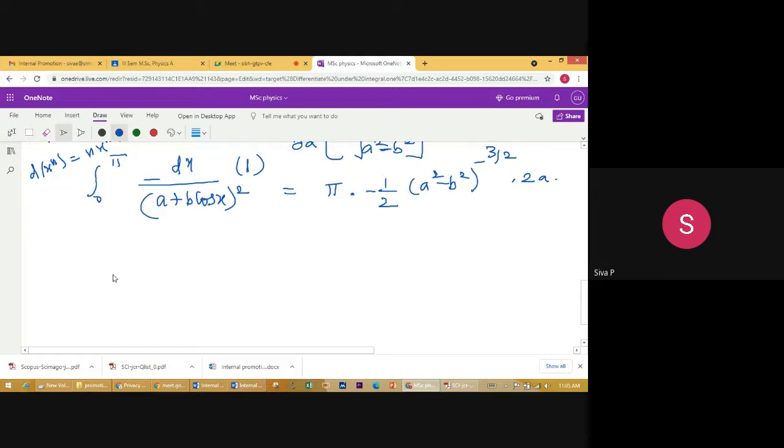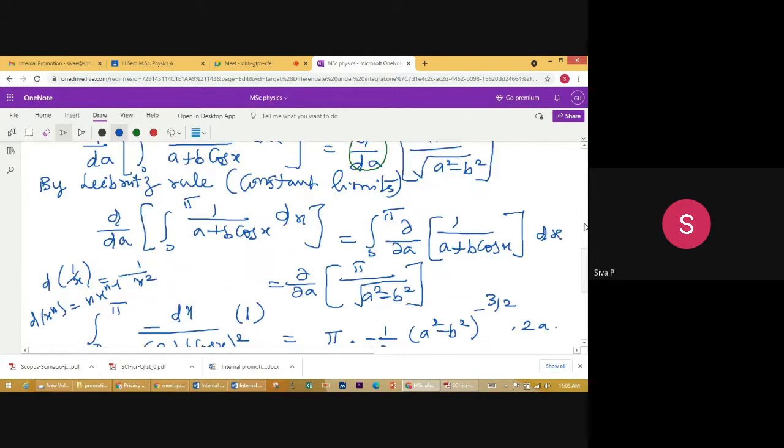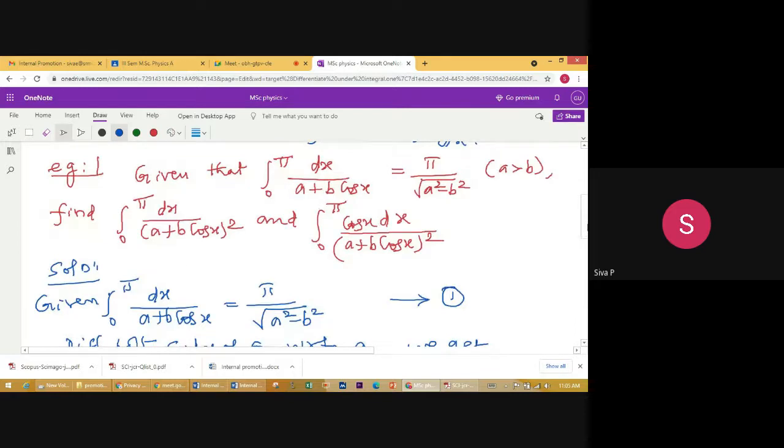But what is our required one? Integral over a plus b cos x whole square.